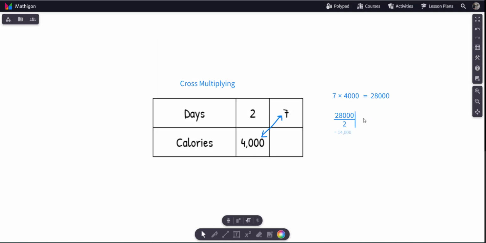I think I'll put it with an equal sign here. I'll put equals 14,000. So 28,000 divided by 2, it looks like a fraction. It is a fraction. A fraction is a division. So 28,000 divided by 2 equals 14,000. So the answer is 14,000.